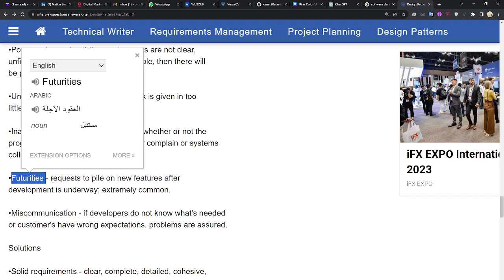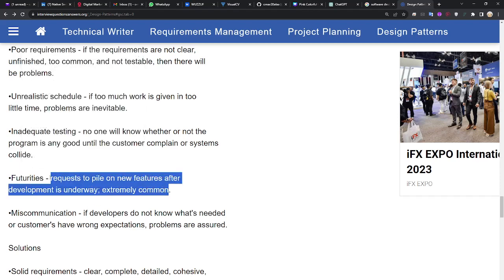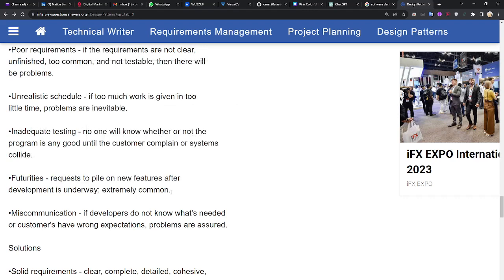And futurities: requests to pile on new features after development is underway are extremely common. عملية ان انت يطلب منك فيتشرز جديدة أثناء عملية الديفلوبمنت. دي برضو من المشاكل الشائعة.